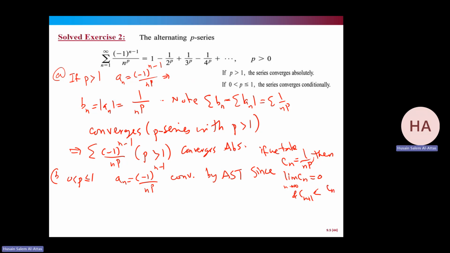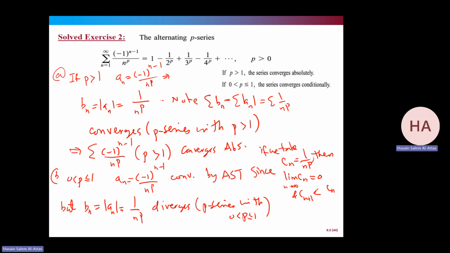Very clear. So it's convergent by the alternating series test, but cn, which is the absolute value of an, which is 1 over n to the power p, diverges by the p series with p between 0 and 1.